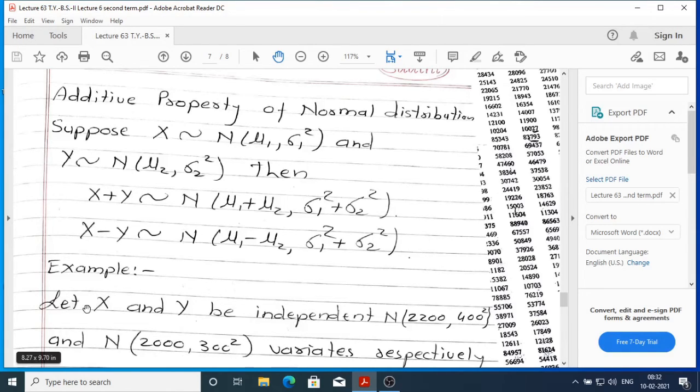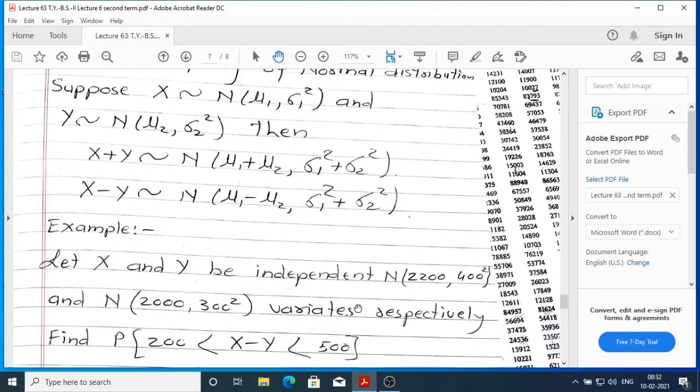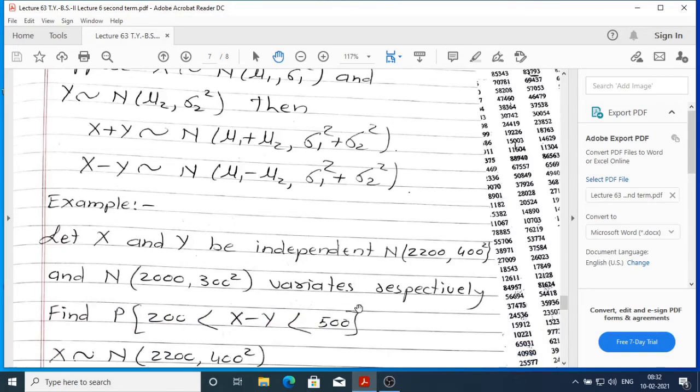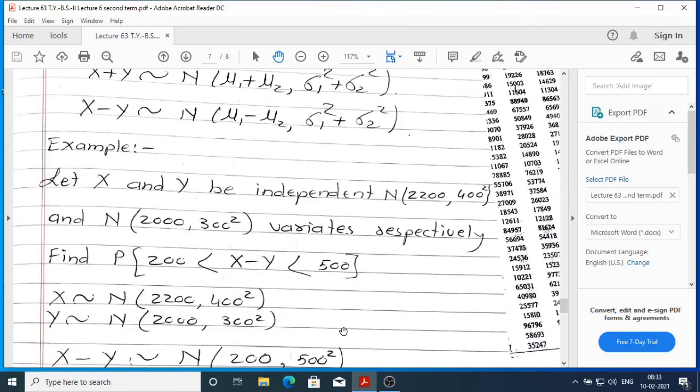Example, let x and y be independent normal 2200, 400 square and normal 2000, 300 square variates respectively. Find probability 200 less than x minus y less than 500. Now we have to apply the above property.